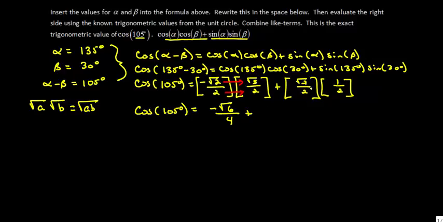So plus, now I've got the square root of 2 times 1, which is just root 2, and then 2 times 2, which is 4. So let's just put those together. And this is going to be square root of 2 minus the square root of 6 all over 4.